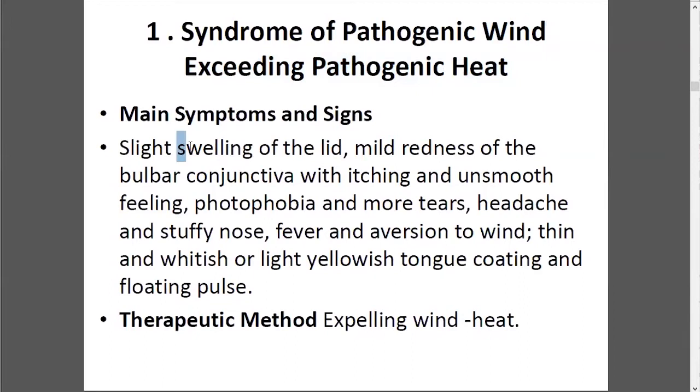Locally there is severe swelling of the eyelids and redness, and the patient has itchiness or maybe uncomfortable feeling there, and photophobia, and tears.